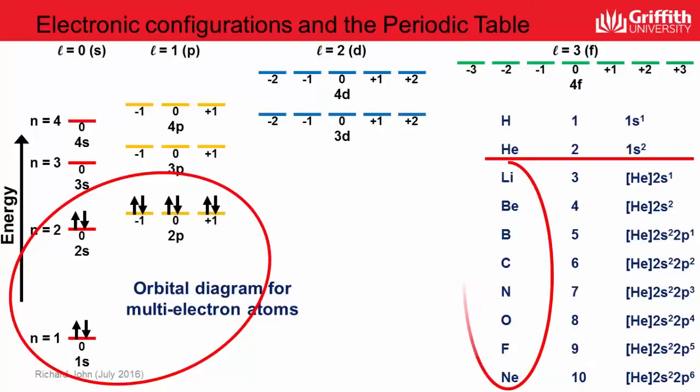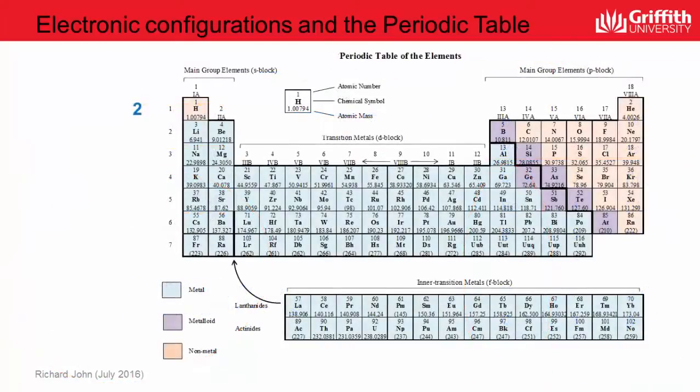Now the other thing to note is that these 8 elements here correspond to the filling of the 2s and 2p subshells within the n equals 2 shell. So if we have another look at the periodic table, we see that period 2 has 8 elements in it in total, 2 of them in the s block and 6 of them in the p block.